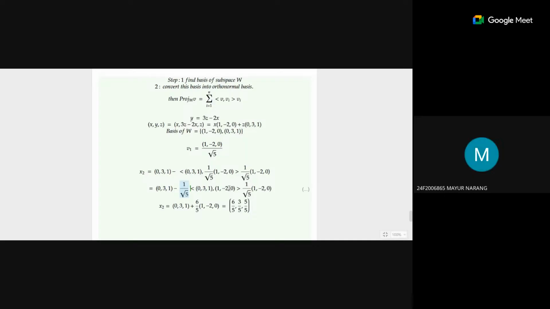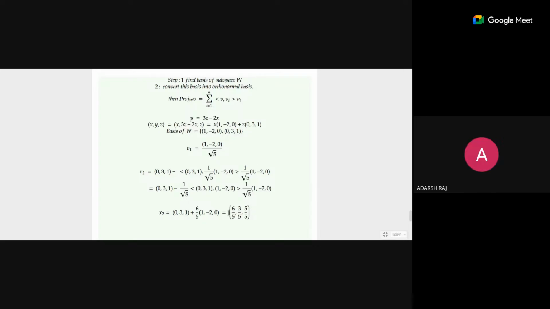And the inner product between these two vectors is minus 6. With minus by minus, this will become plus 6 by 5.